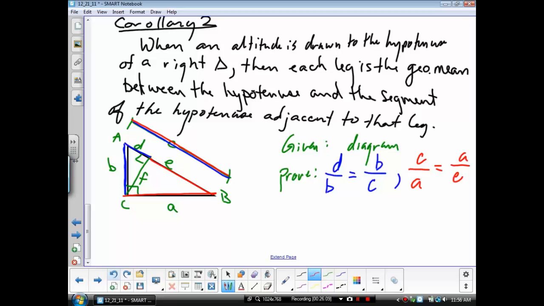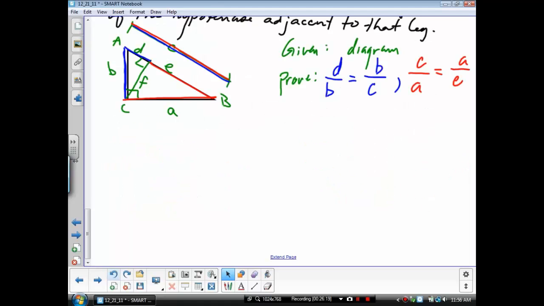Now, again, the reason why these two geometric mean situations are true is because the triangles are similar. So, let's think about this first one. D is to B as B is to C. D and B are both in the smallest of the three right triangles. B and C are both in the original right triangle. Think of the smallest right triangle here.